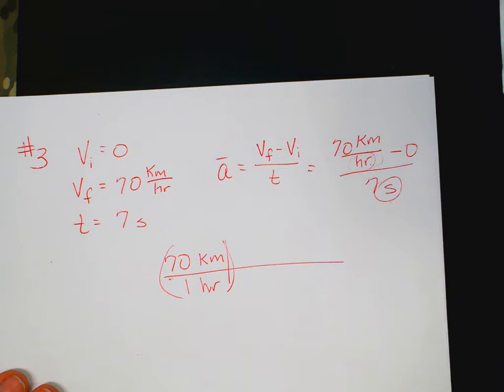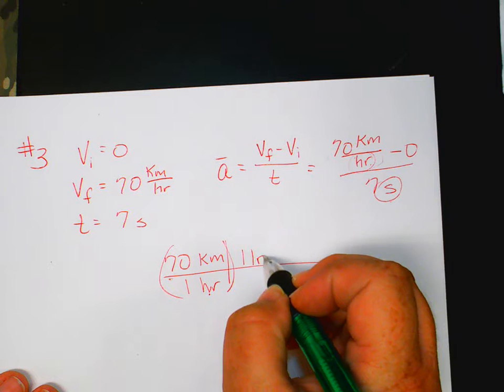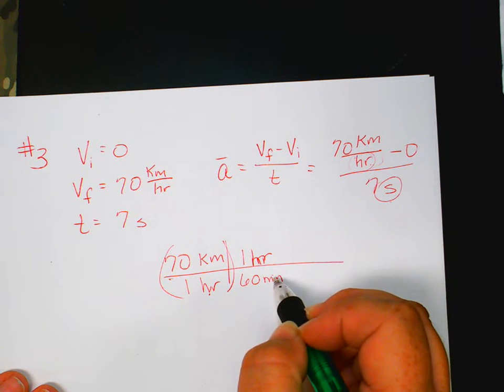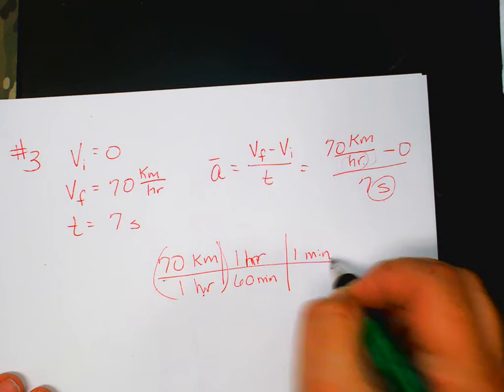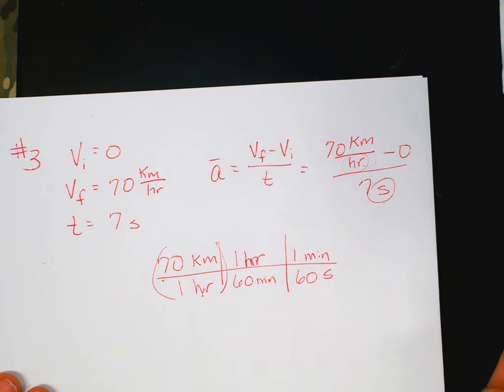I use a stick. It's the same thing. So 1 hour is equal to 60 minutes. 1 minute is equal to 60 seconds.